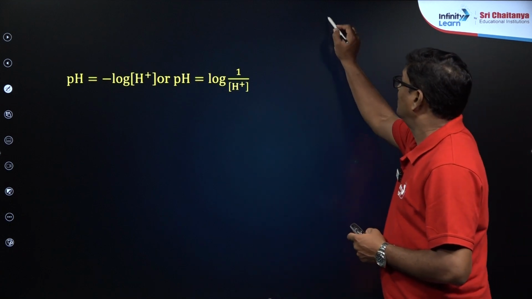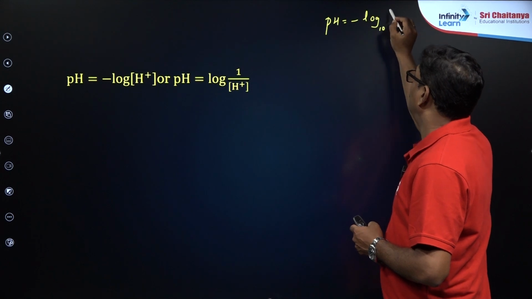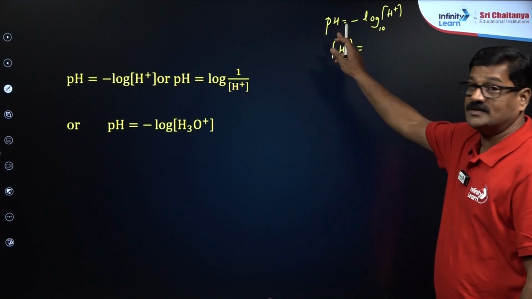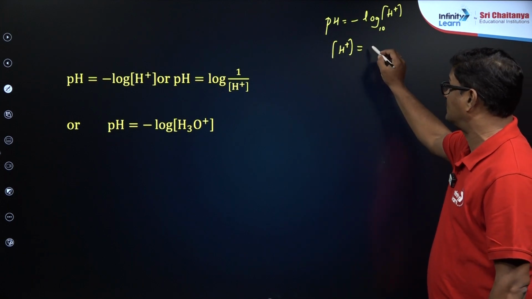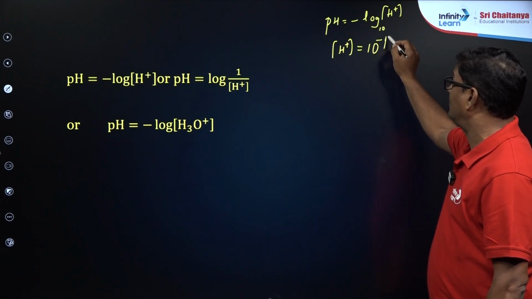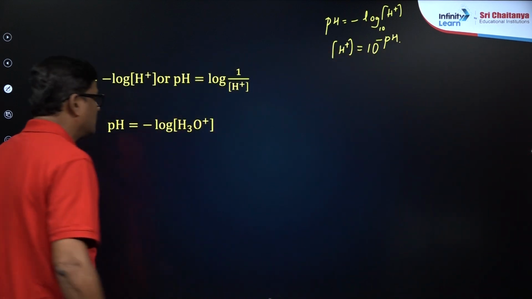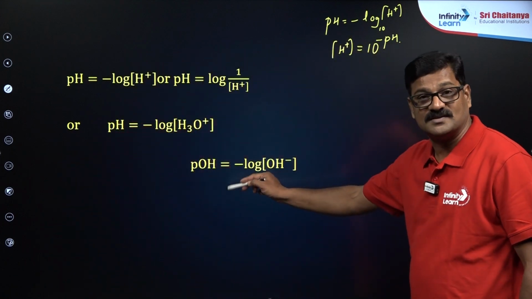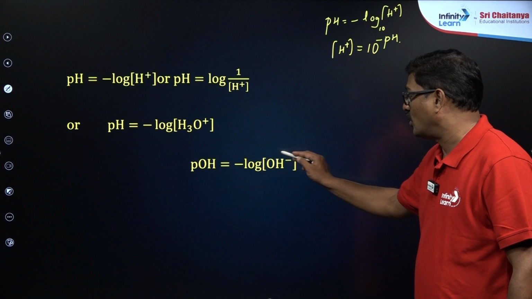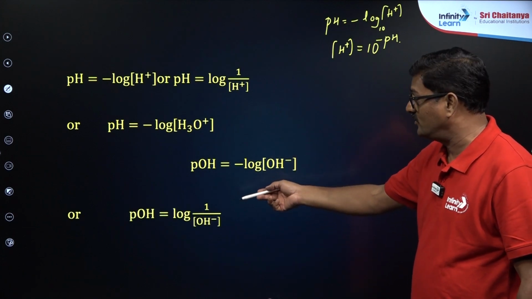And the H plus ion concentration is equal to 10 to the power of minus pH. pH can also be said to be the negative logarithm of the H3O plus ion concentration, and pOH is equal to the negative logarithm to the base 10 of the OH minus ion concentration, and pOH is also log 1 by OH minus ion concentration.